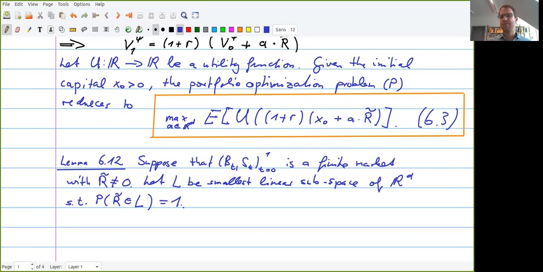My returns are vectors in R^d, and they might not see every direction. I want to concentrate on the directions in which the returns can actually move.